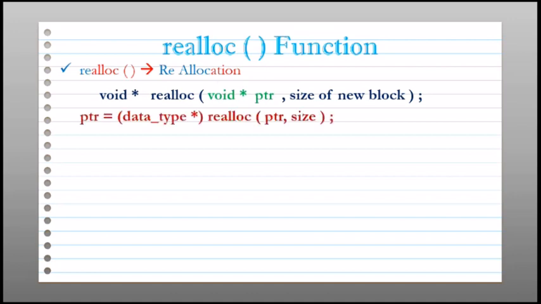This is the syntax of using the realloc function. Here PTR is a pointer to a block of previously allocated memory, either by using the malloc function or the calloc function, and size is the new size of the block.